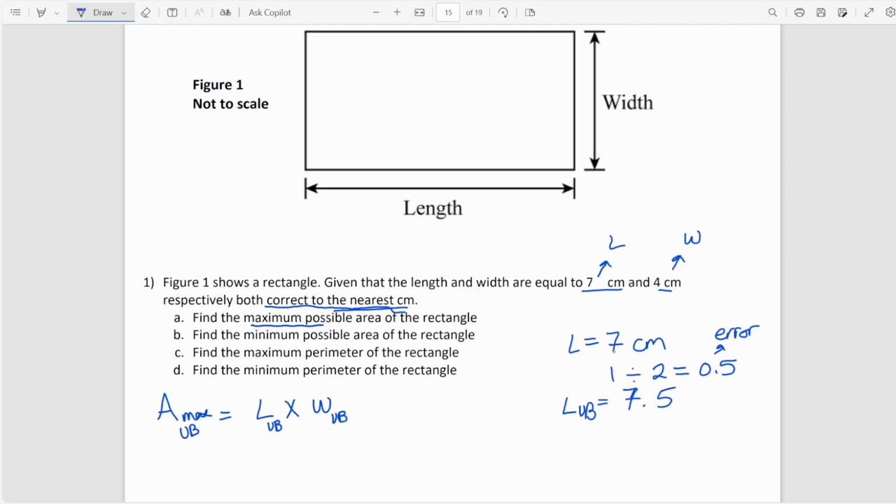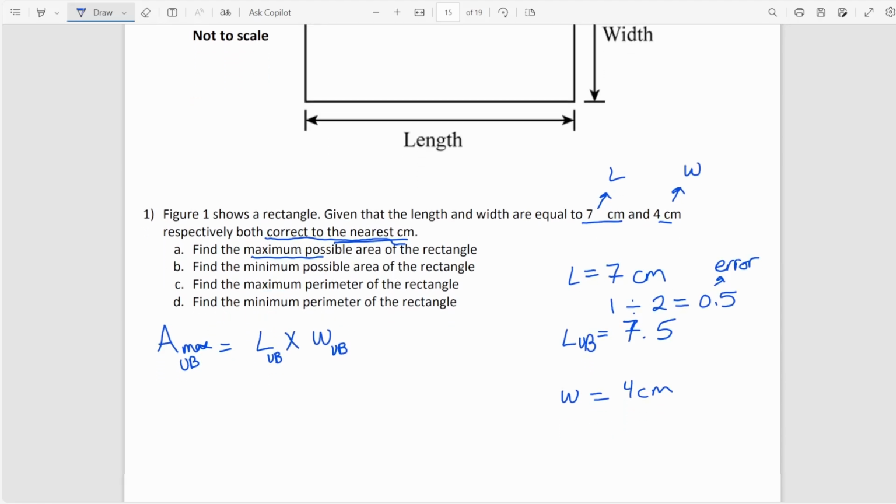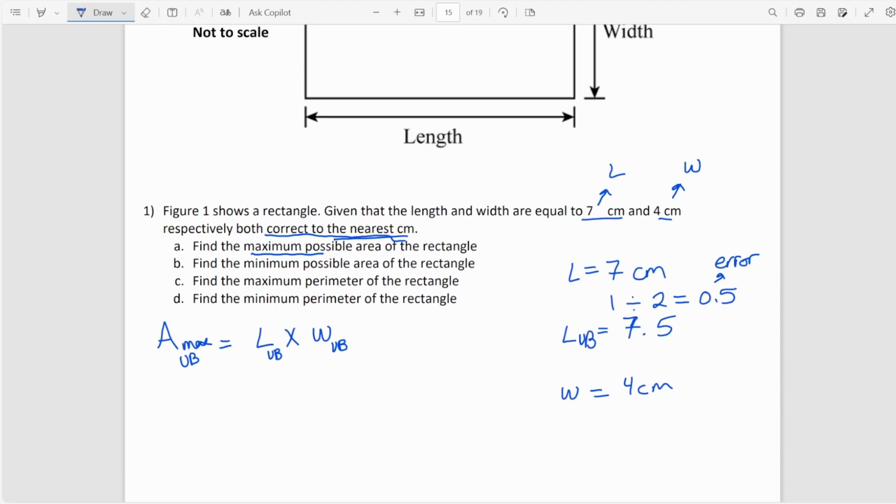We got this by adding 7 plus the error. Now as for the width, it is 4 centimeters, also to the nearest centimeter. So our unit of round is 1. Dividing this by 2 gives us 0.5. So the width upper bound is basically 4.5.